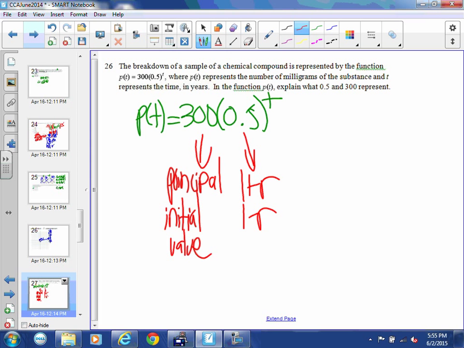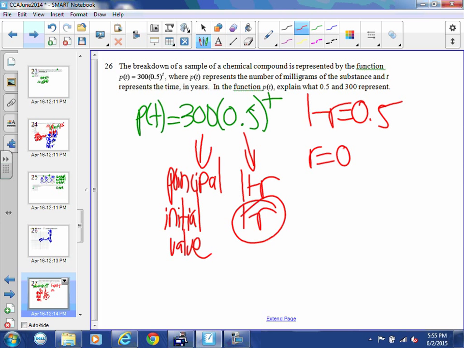So 0.5 represents that it's 1 minus because it's less than 1. So 1 minus the rate equals 0.5, which means that the rate equals 0.5. If you want to get fancier, you can say that the rate is decreasing 50%.